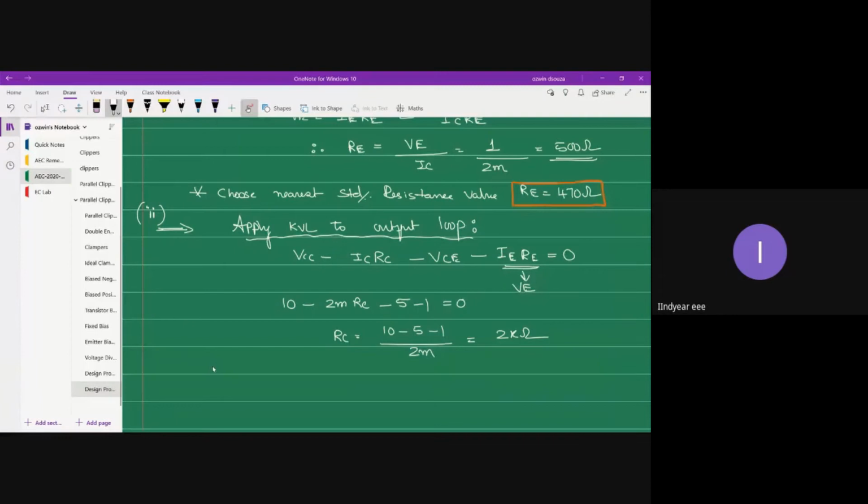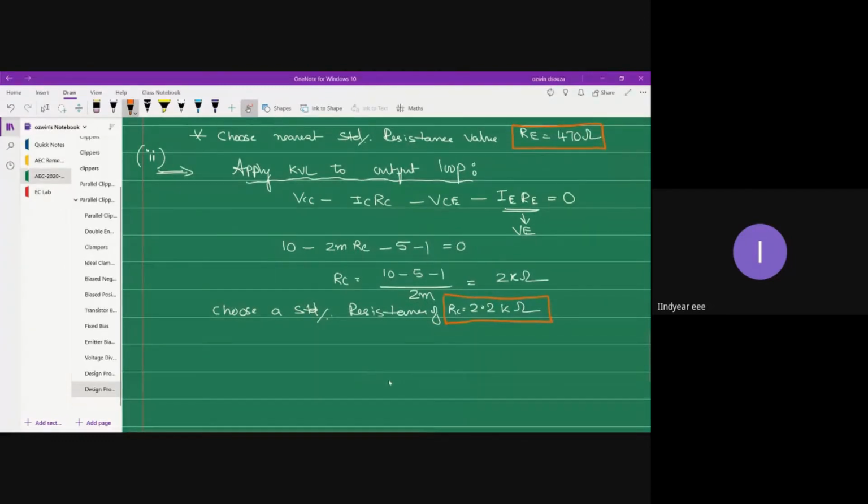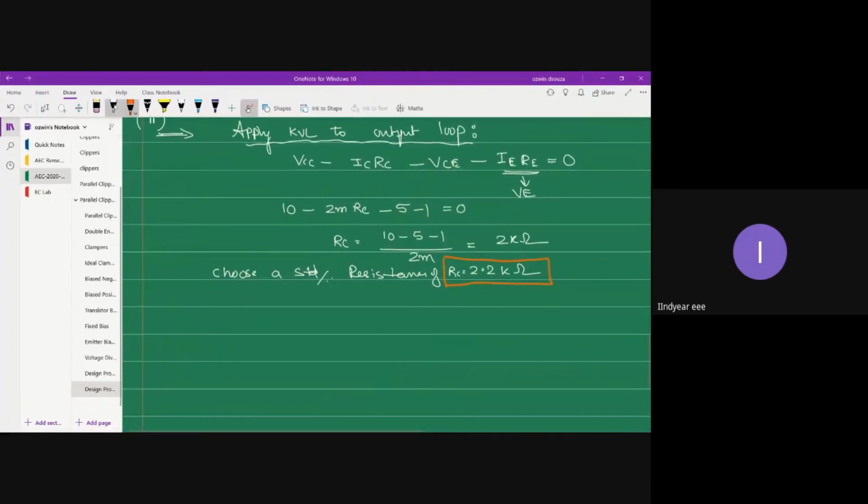Again, you don't have a 2 kilo ohm standard resistance, so choose a standard resistance of 2.2 kilo. So 2.2 kilo is the nearest value. Let me write that's your RC. So the output resistances have been computed. RC is 2.2 kilo ohm.